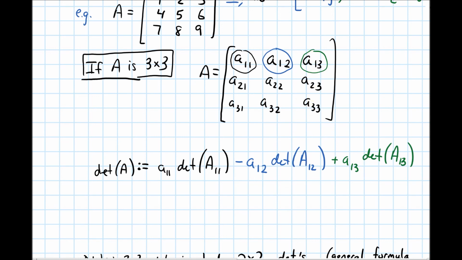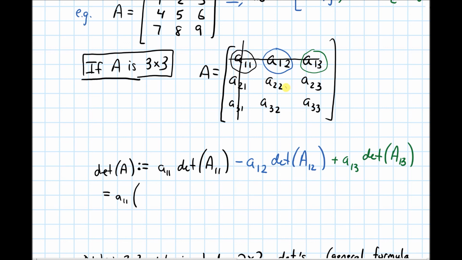Okay, so if we expand this now, what do we get? First I have lowercase a1,1, and then when I take the determinant of capital A1,1, I cross out the row that entry is part of, and the column it's part of. The resulting matrix is 2 by 2, and I know how to get the determinant of a 2 by 2 matrix.